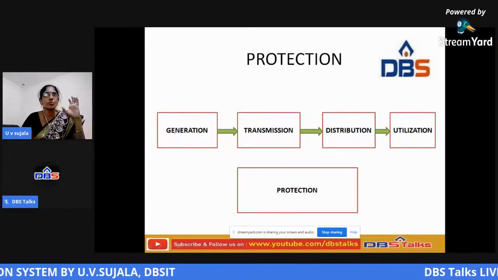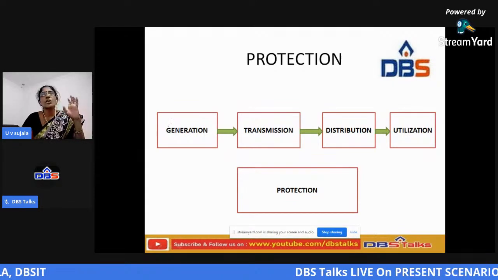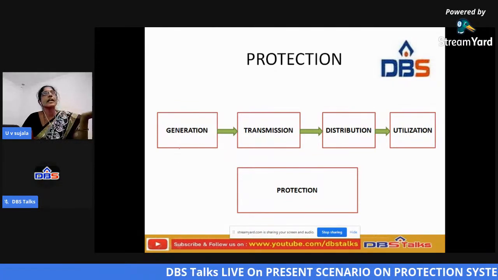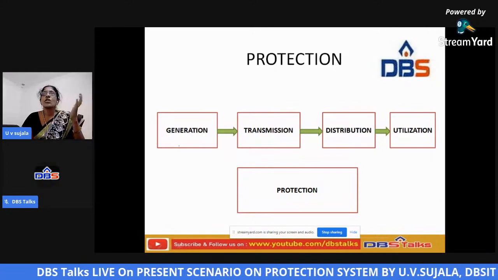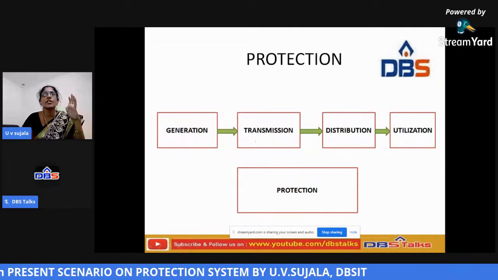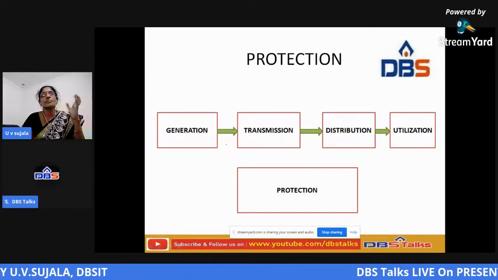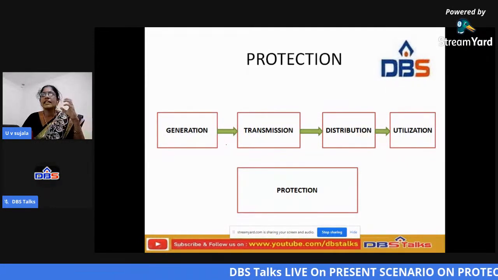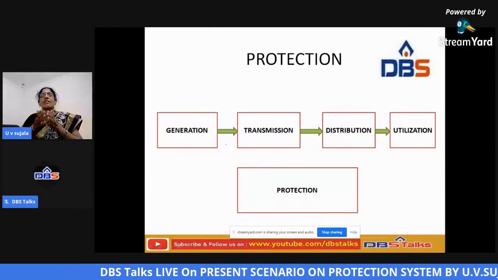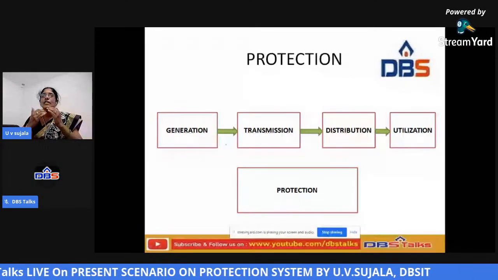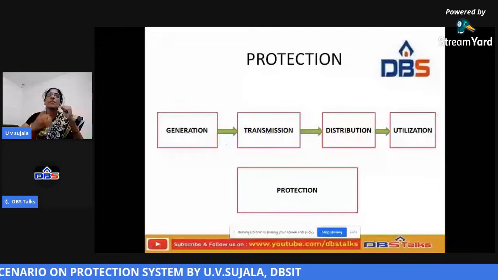We have the input of the generation. Suppose it is an 11 kV transmission line. From the generation station, you go to the transmission. Why do we require the transformer? Here the 11 kV must first be stepped up.